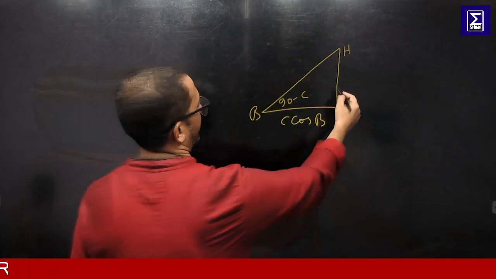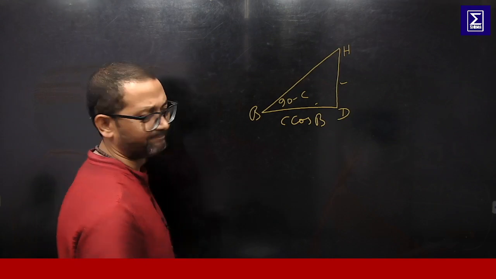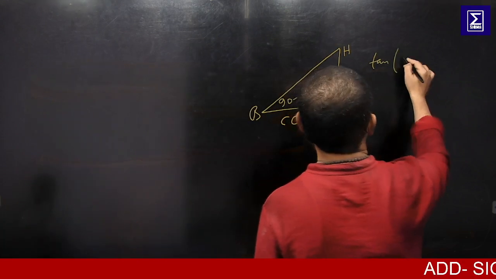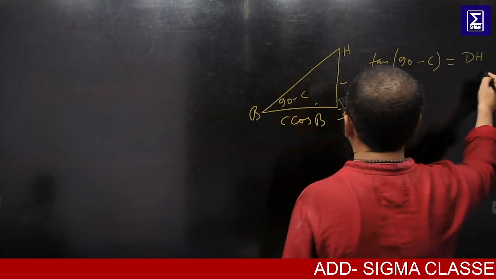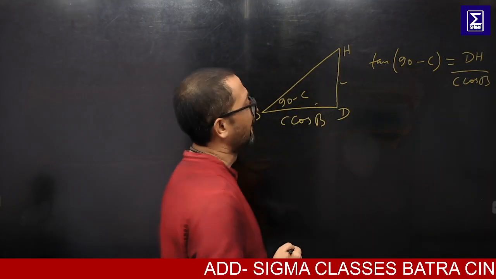So we have to take the relation of this and this. So what can we take? Tan. Very good. So tan 90 minus C is equal to DH upon c cos B. Yes or no? BD.